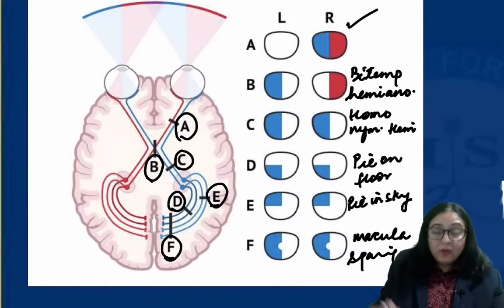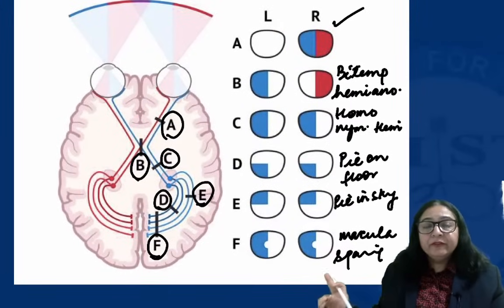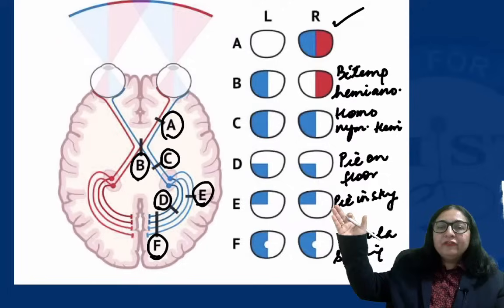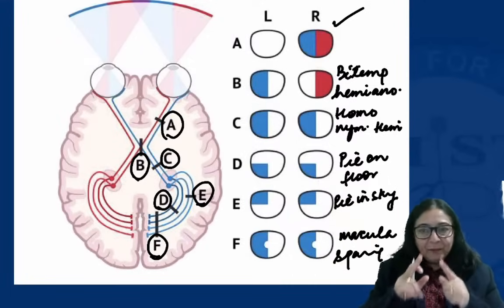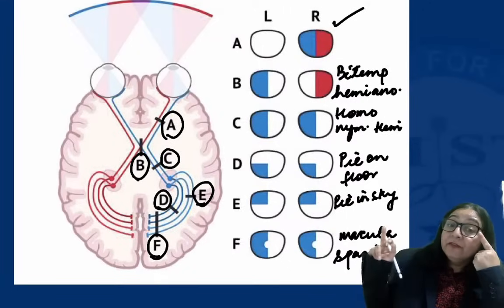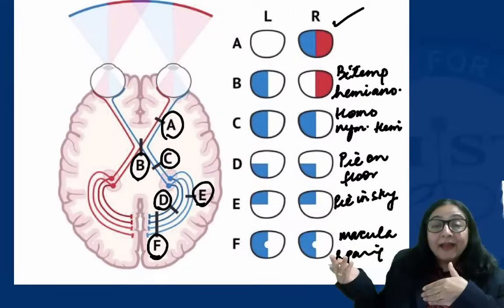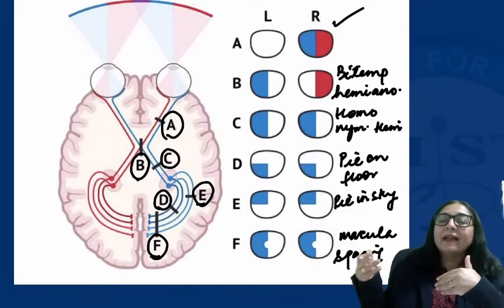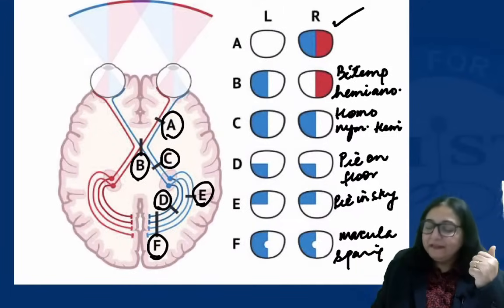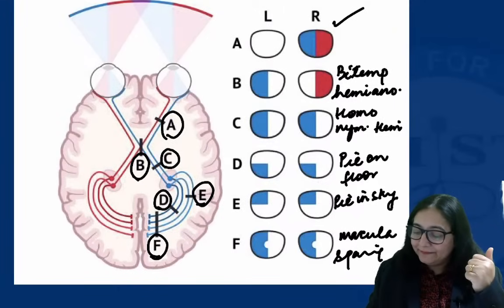There is no kind of confusion. Just remember which area, which type of defect. And important thing, as I told you, if the visual field loss is right sided, then the lesion will be on the left, because the lesion is contralateral to the field defect which we notice.